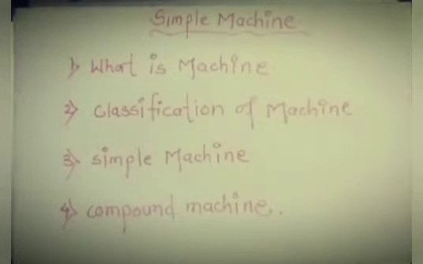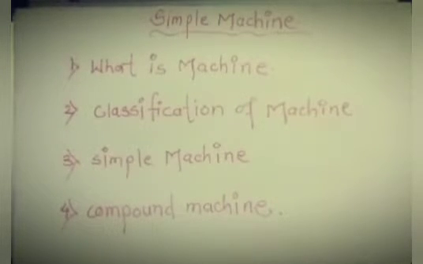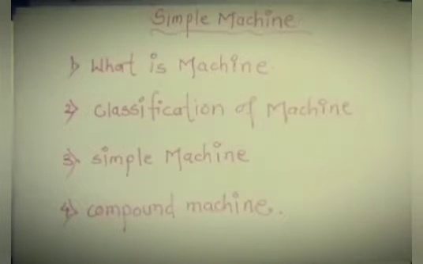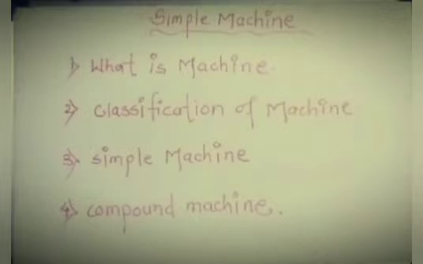So what do you mean by simple machine? A machine which has only one point for the application of effort and only one point for the load which is to be lifted. In simple language, we can say that it involves only one mechanism, because this machine has only one point for performing a certain operation.